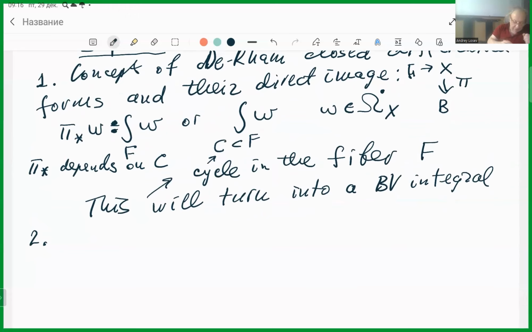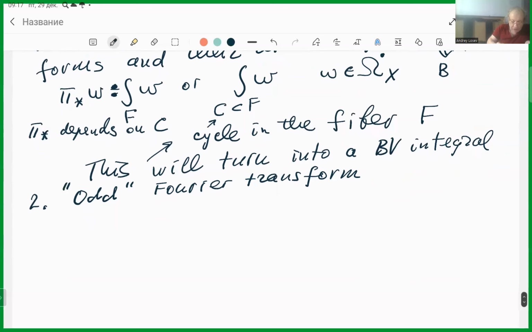The second concept is what's called the odd Fourier transform. So the concept of the odd Fourier transform is, roughly speaking, the following.